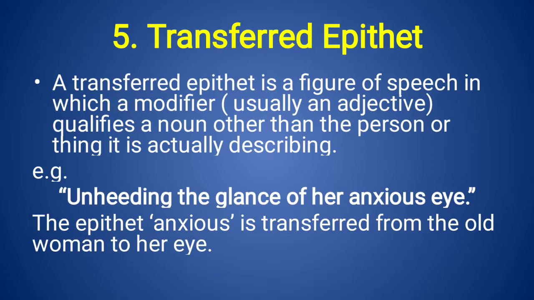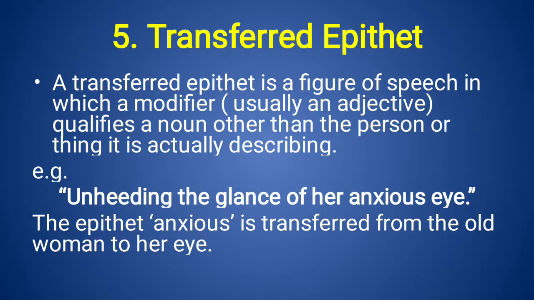A transferred epithet is a figure of speech in which a modifier, usually an adjective, qualifies a noun other than the person or thing it is actually describing. So here it's very important that the adjective qualifies a noun other than the person or thing it is actually describing.